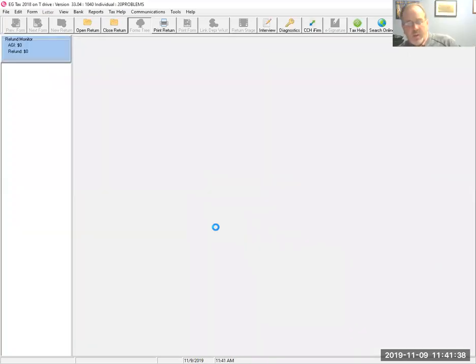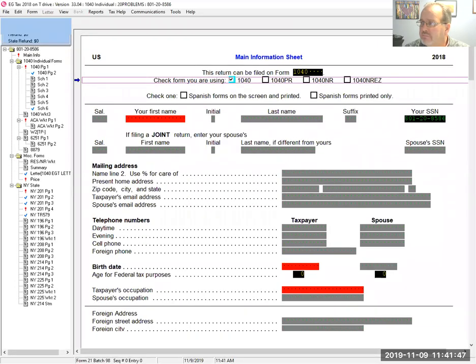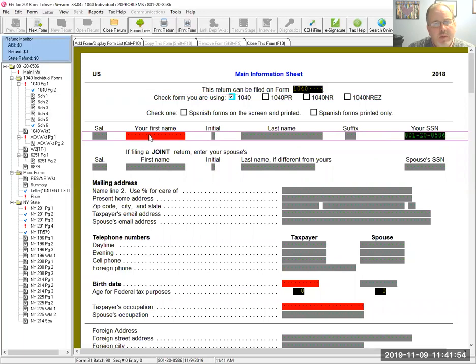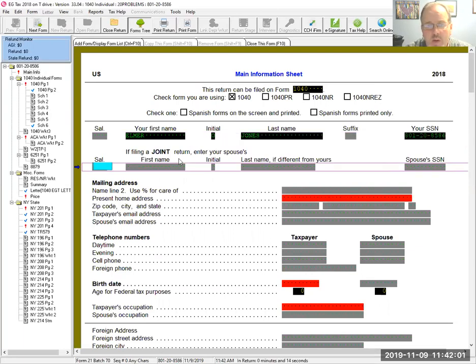All right, so we're into our return here. So we have Elmer, his middle initial is O, we have Jones, and we have Elizabeth, no middle initial for her, Jones, and we have her social.